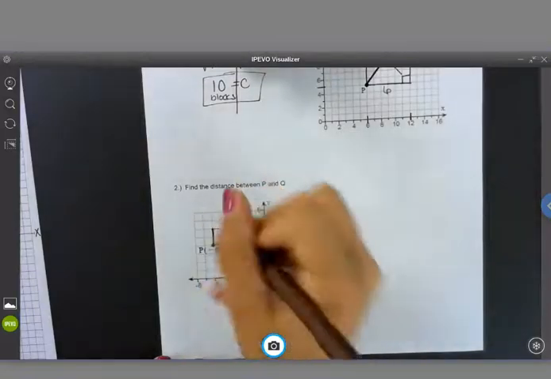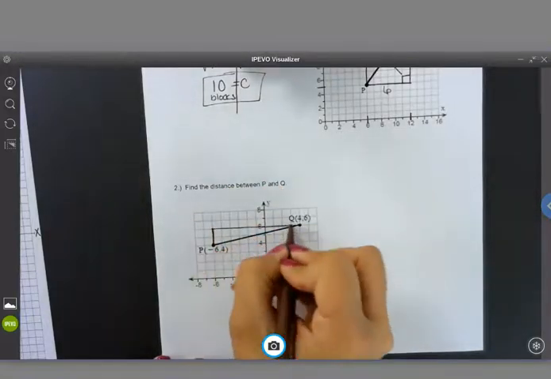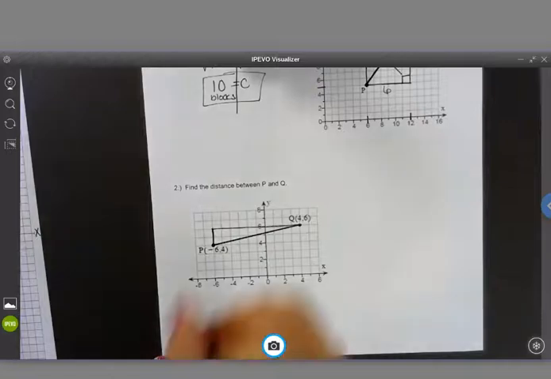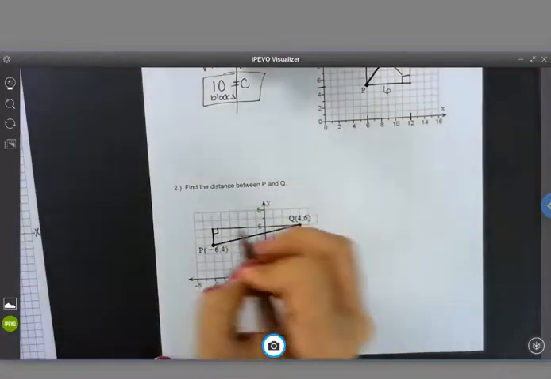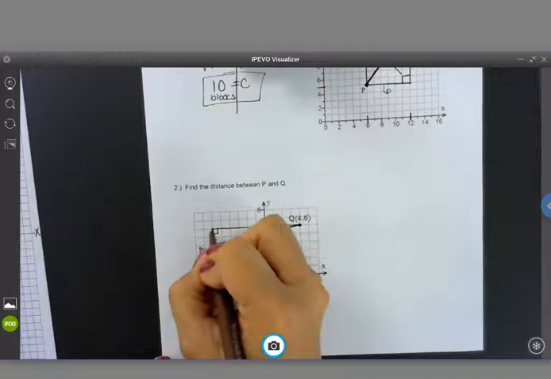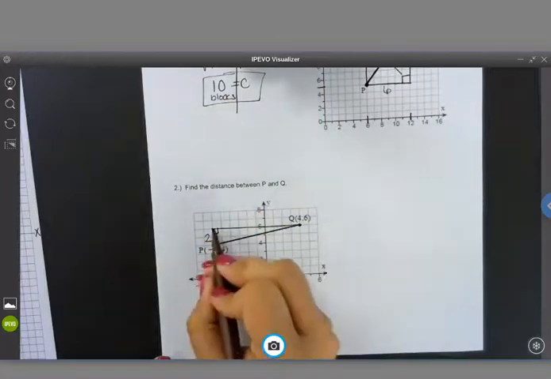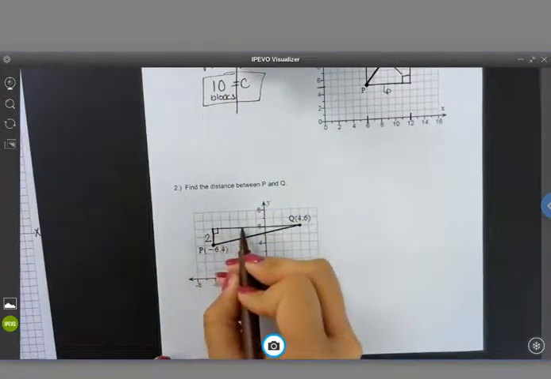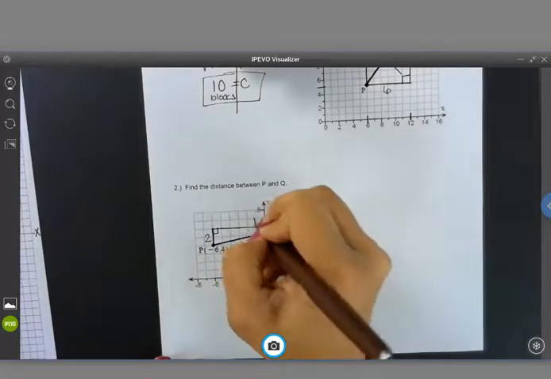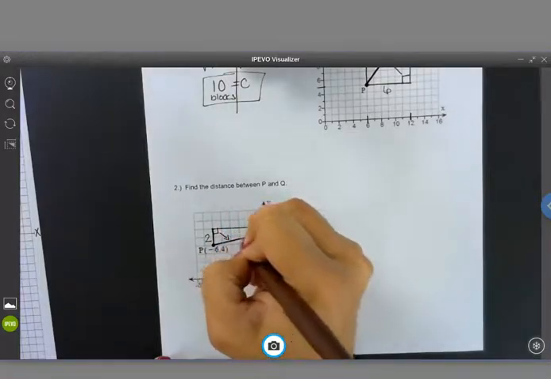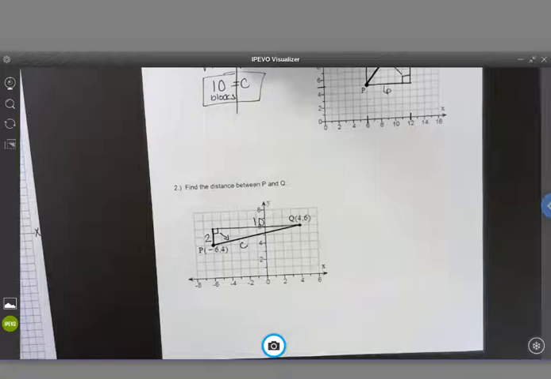So we really just need to be able to count our boxes to find out our distance around the triangle. So going up there are 2, and going to the left there are 1, 2, 3, 4, 5, 6, 7, 8, 9, 10. And again, we're trying to find C.